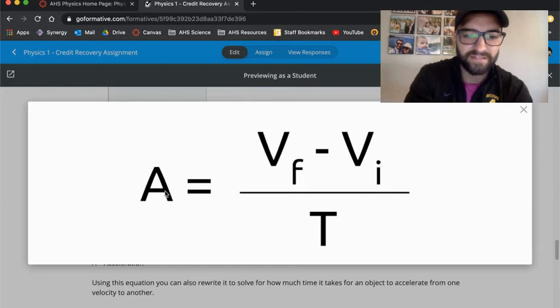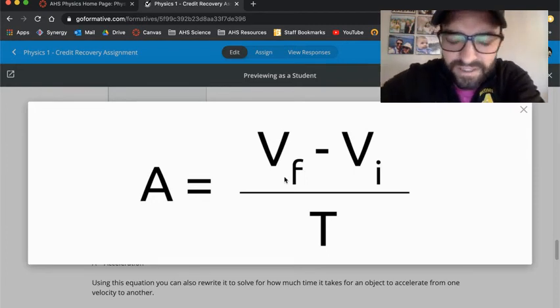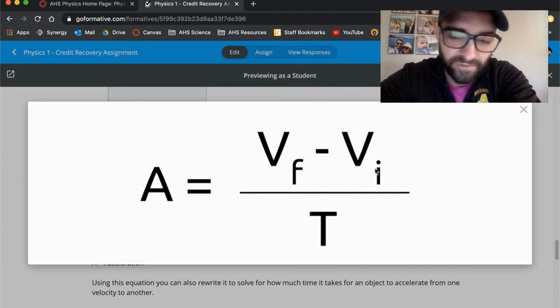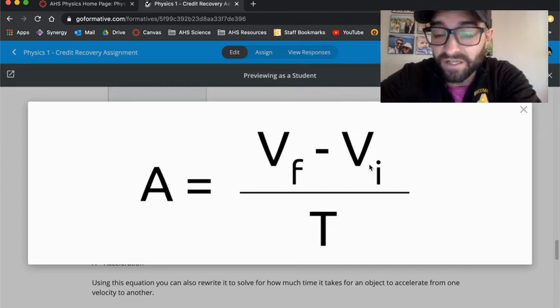Okay, we have a as acceleration, Vf. So this is going to be your final velocity, or the velocity at the end of the scenario. And you're going to subtract the initial velocity, which is the speed or velocity that you started with, and then you calculate that, and then you divide it by the time.